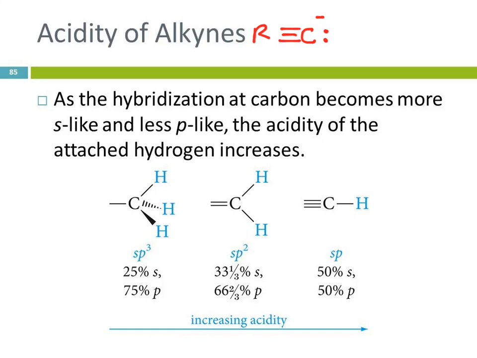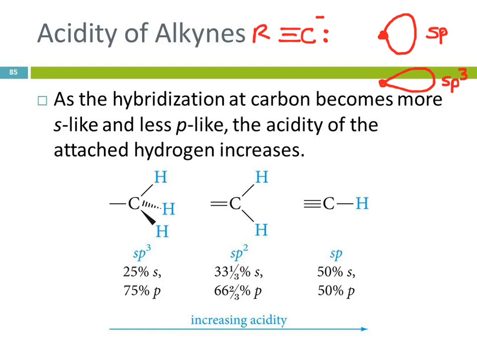But in this carbon that has the sp orbitals, an sp orbital is shorter and fatter. So that's an sp orbital. An sp3 orbital is going to be longer. So this is sp, and this is sp3.